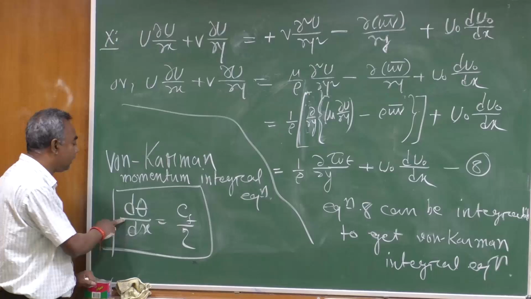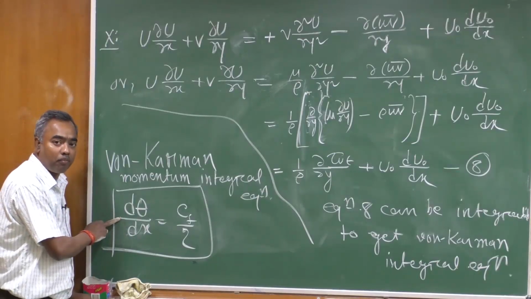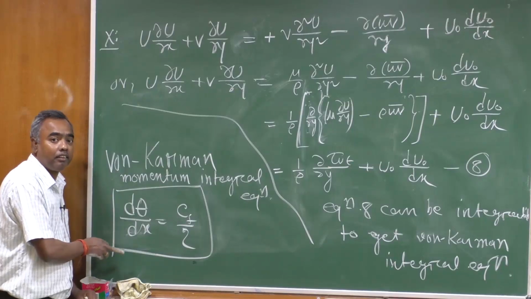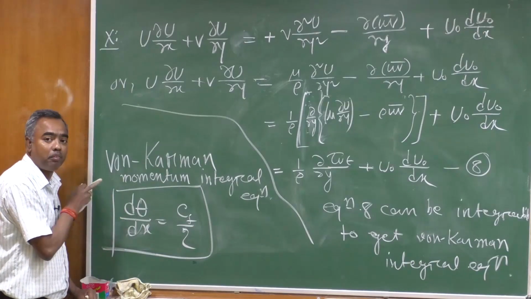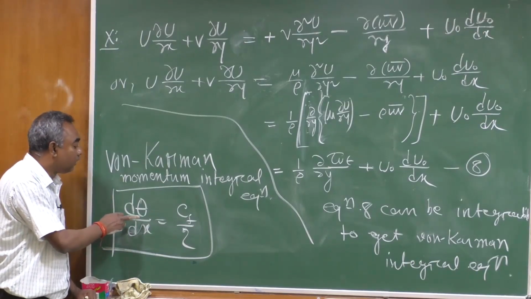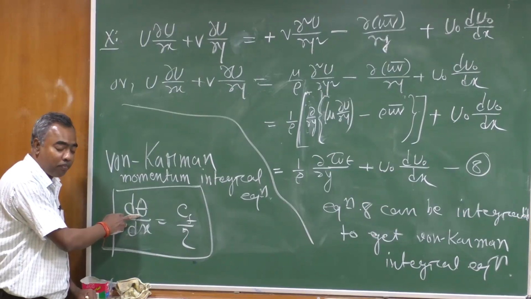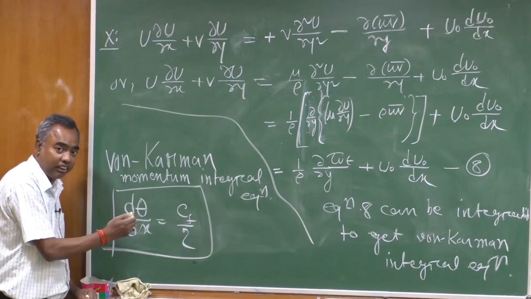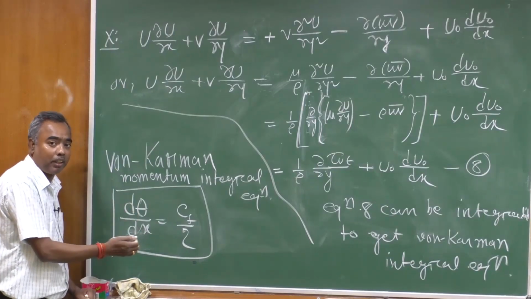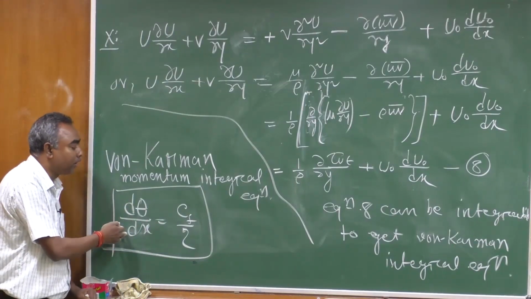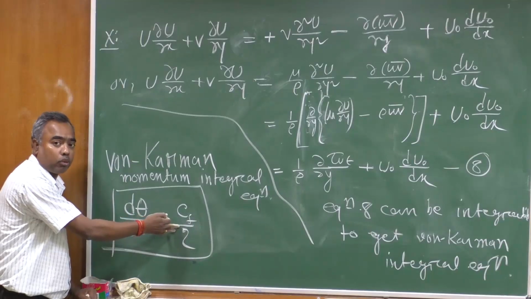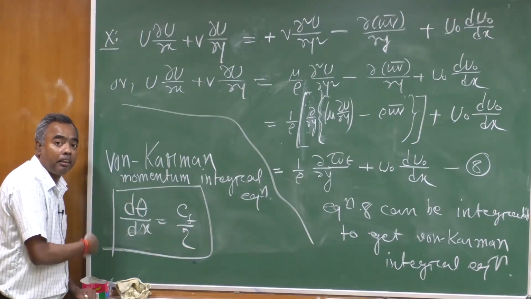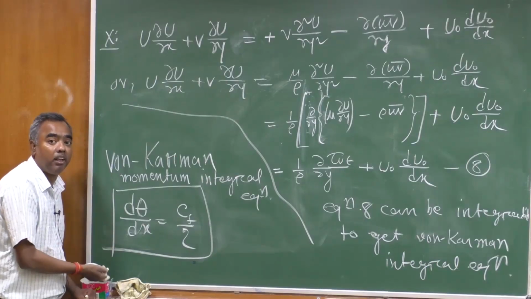In that particular case, you know that the von Karman momentum integral equation will result in this particular expression. What is theta? Theta is the momentum thickness. So, what it says is the gradient of momentum thickness, which is the measure of momentum deficit. Okay. The higher the value, the higher the momentum deficit, and the gradient of the momentum deficit is related to the skin friction coefficient. It means the higher the skin friction coefficient, the higher the momentum deficit in the boundary layer. Okay.